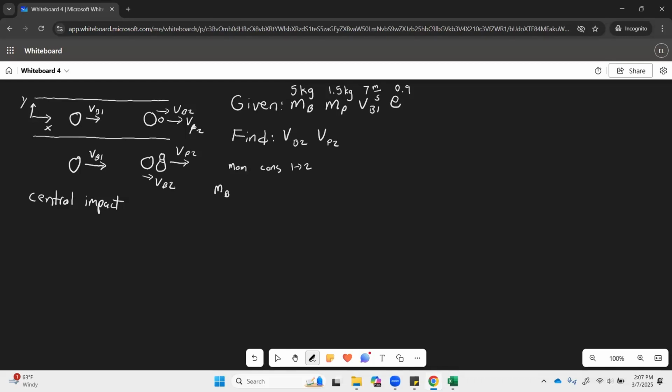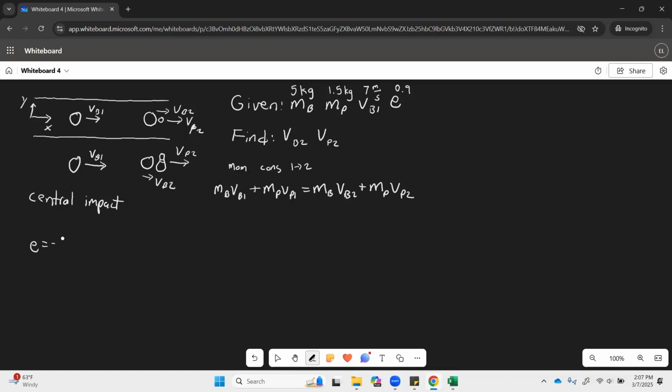So mass of bowling ball V bowling ball 1 plus mass of pin V pin 1 equals mass of ball VB2 plus mass of pin VP2. And then we also need our E equation, and I'll write that over here.